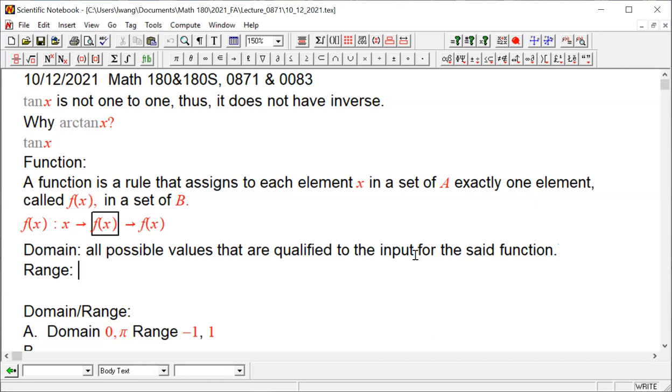What are the possible results of applying the rule to every number in the domain, which is qualified for the rule to apply to it, and each one of them produces exactly one output. Yes, sometimes there are a lot of them. The collection of the consequences is the range. Do you follow me? Without leaving one out.